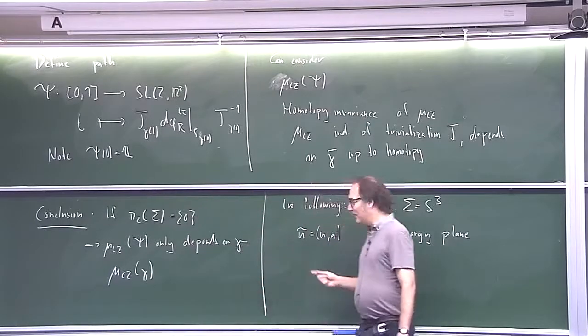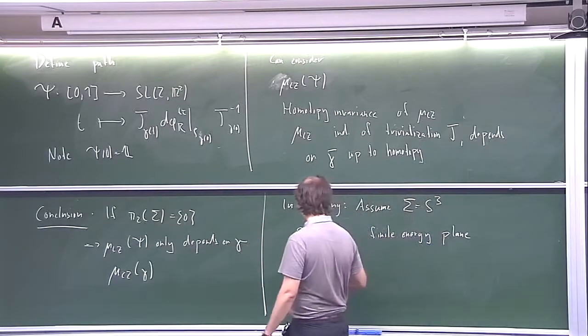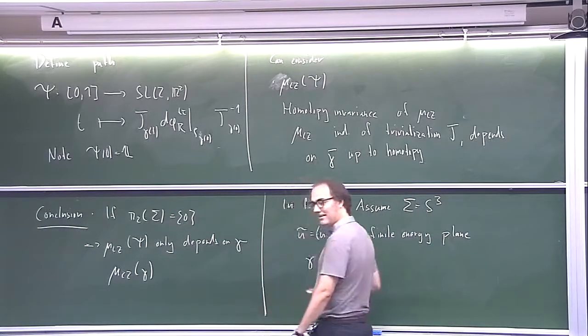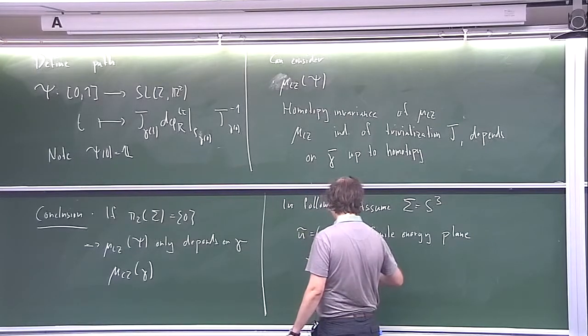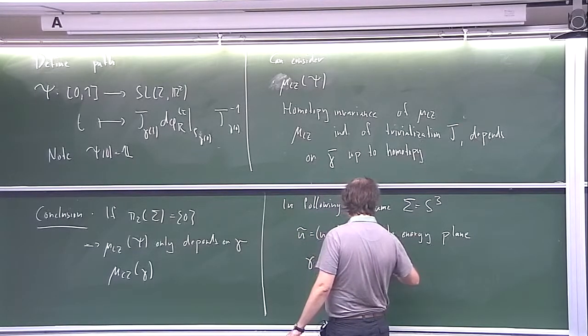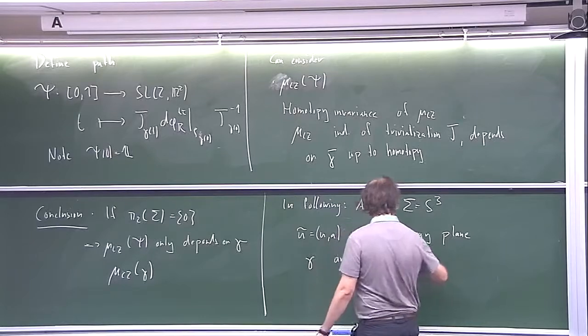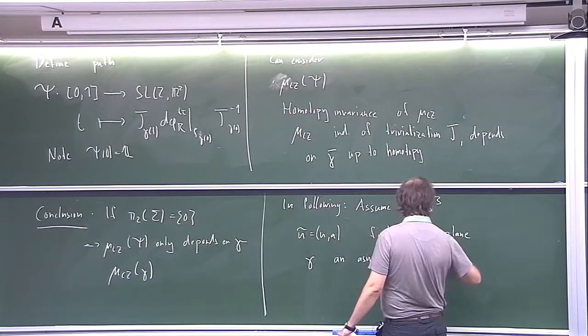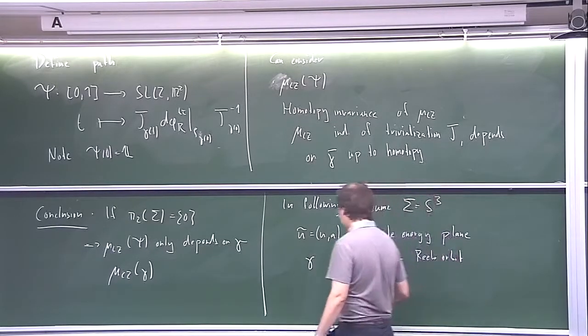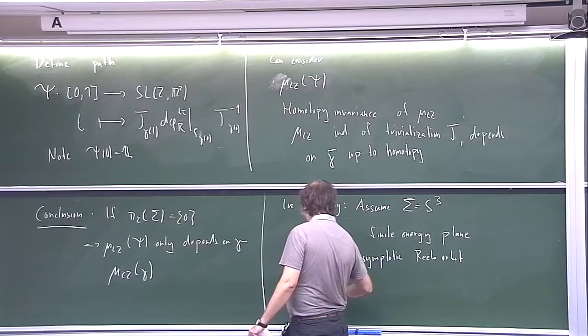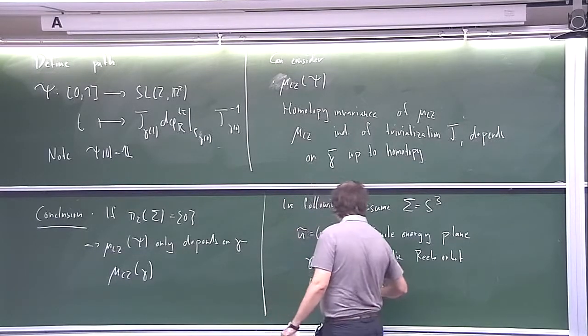Then we have gamma, an asymptotic Reeb orbit, and assume gamma non-degenerate.